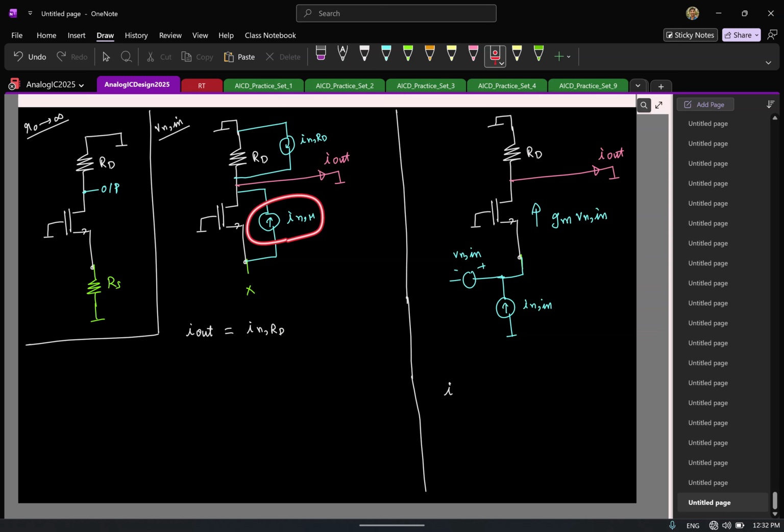Now what about this current? If this current is INM, what about this current? Same. So both these currents are the same. So what is the current that is flowing out? You have 0 due to the other thing. So that's all.